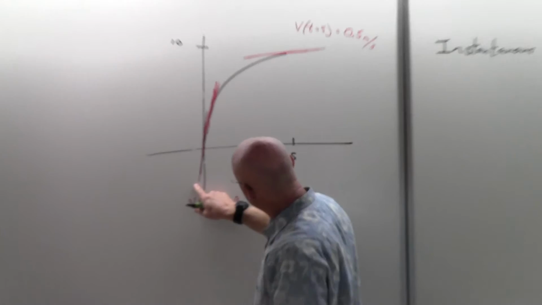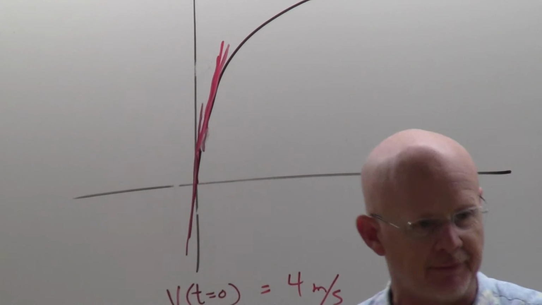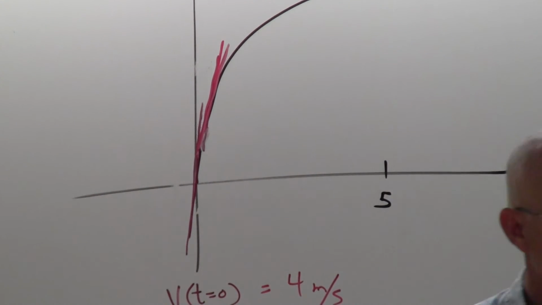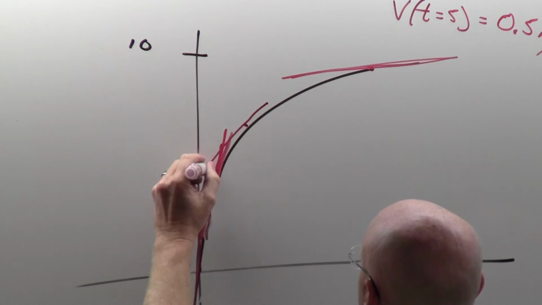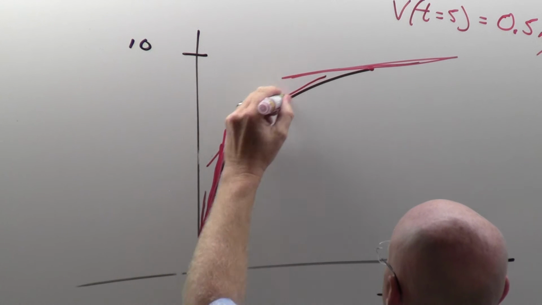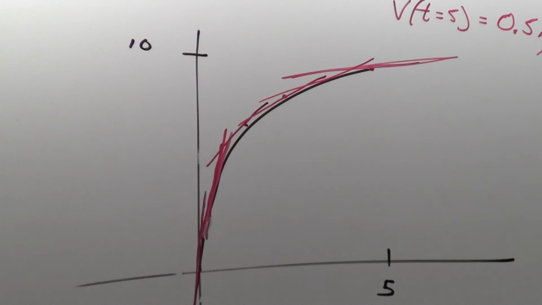But I would say the slope of that one and the slope of that one are not much different. And so looking at that graph during that first 1 second, it doesn't look to me like it changed by much. Although, it starts to look like when it gets into this area, there are some big changes that go on. And so the slope changes a lot.